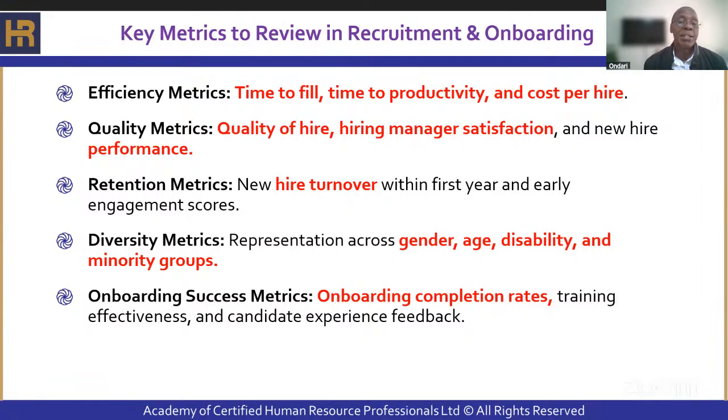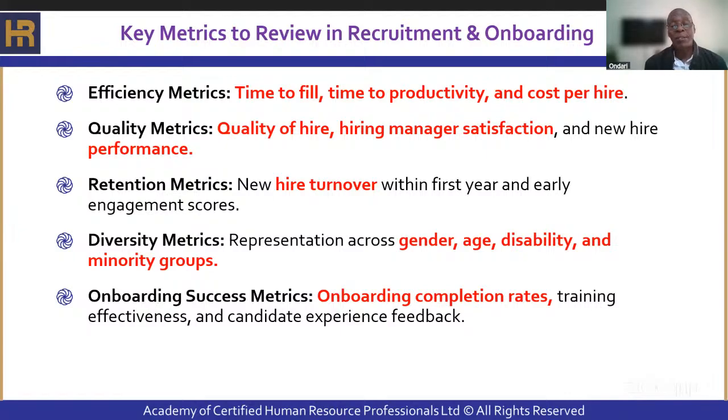Another measurement is diversity metrics, where we are looking at gender balance, age, disability, and minority groups. Gender balance requires that no more than two-thirds of the employment or employees should be given to either male or female employees. Age, we are talking about different age groups or sets. Young people, middle-aged people, and older people.